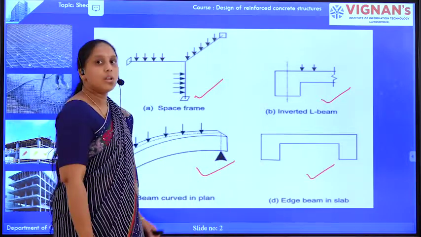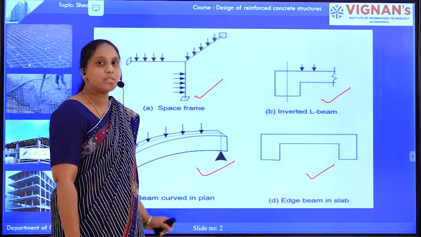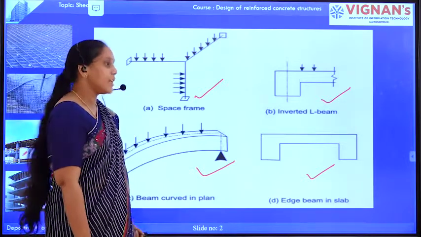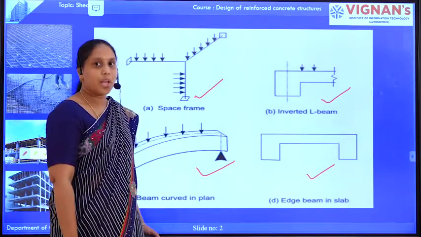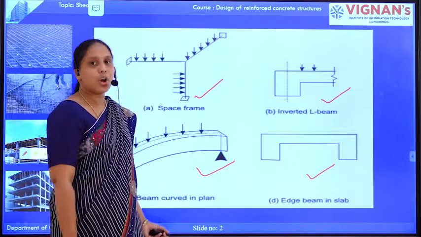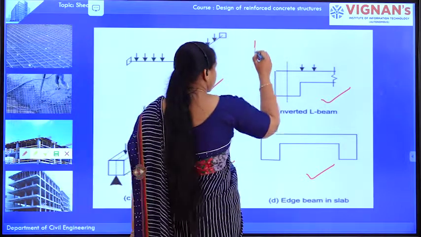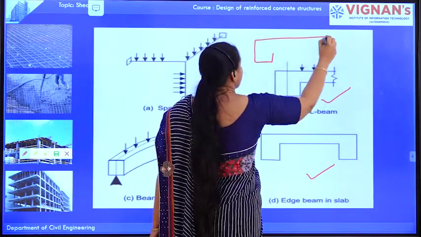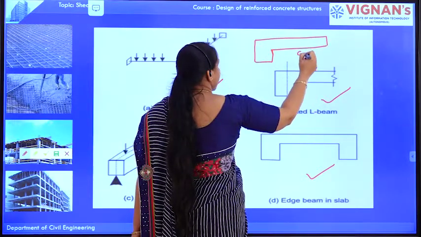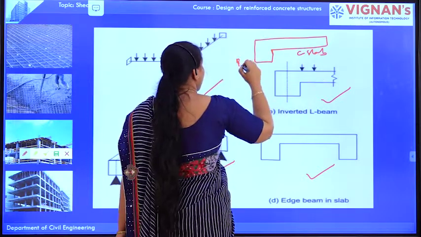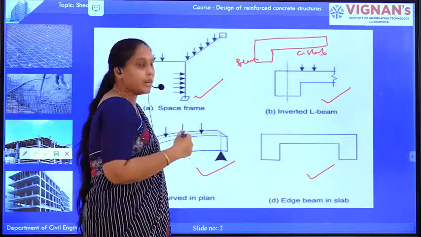Now let us take a small example and explain how a beam is subjected to torsion. For that, I am considering a cantilever slab which is resting on a beam, and let us draw the section of a cantilever slab resting on a beam. This is going to be our cantilever slab and this is our beam. This cantilever slab is resting on this beam.